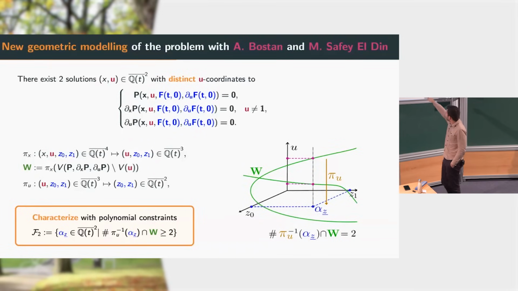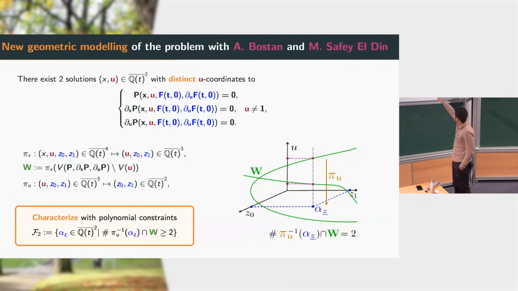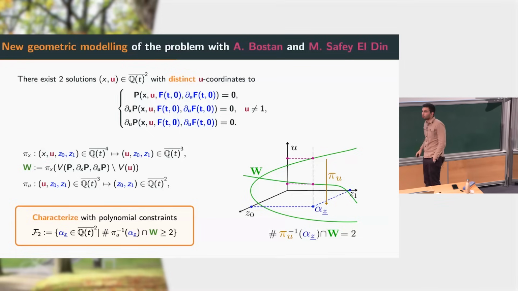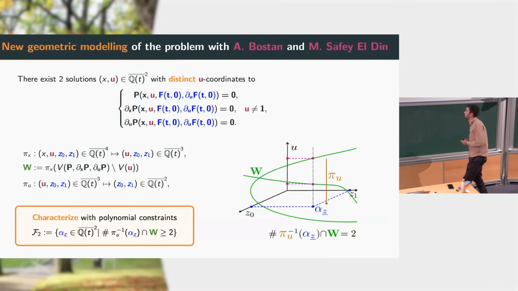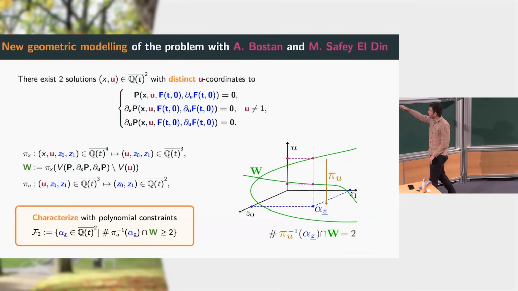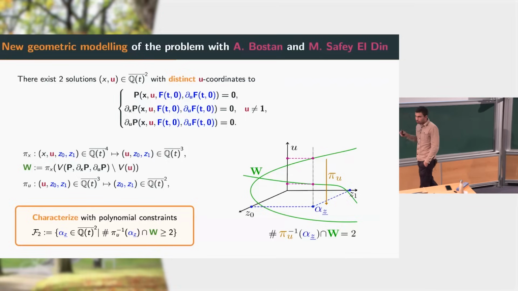We have points alpha, z on the z0 and z1 coordinate space, given by f of t0 and w f of t0. I'm just studying how many points intersect the projected set w. So I want some conditions on the fiber. Let's try to characterize this set with some polynomial constraints.